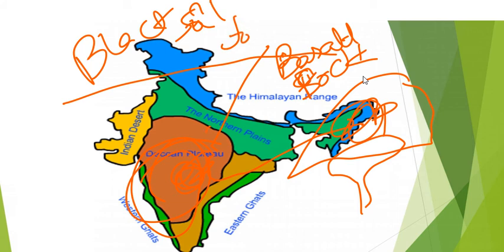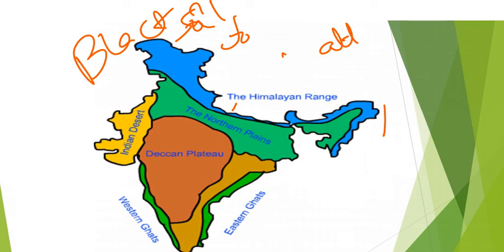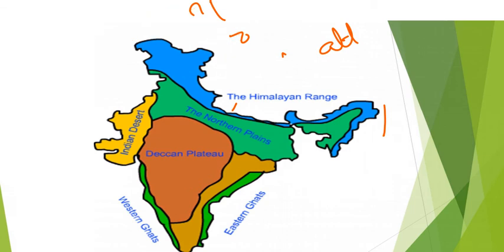That's the reason for the black color. No one will explain the formation of the Deccan Plateau in this way, right? Because they don't need it, because they will not get marks. But my duty is to explain the reason behind the Deccan Plateau.